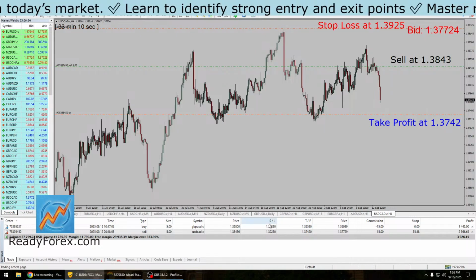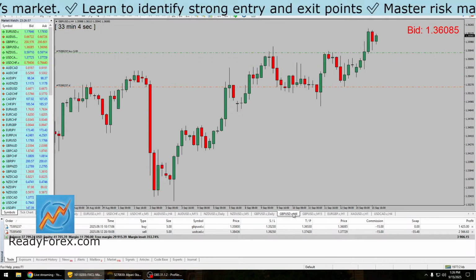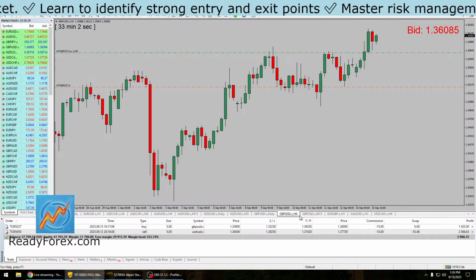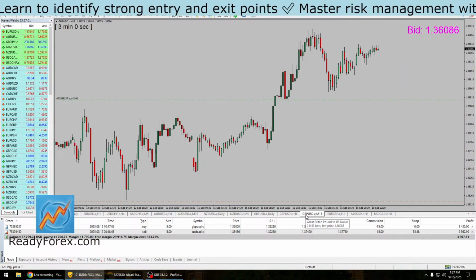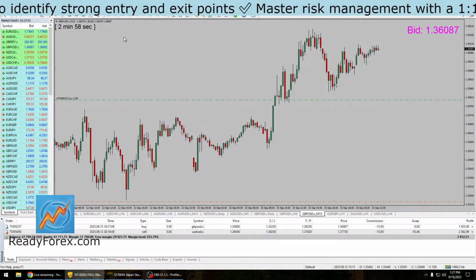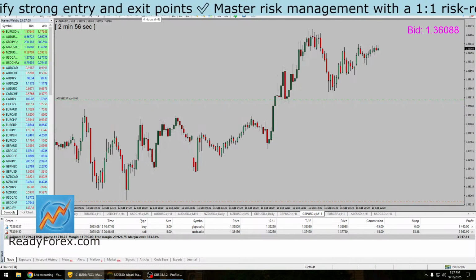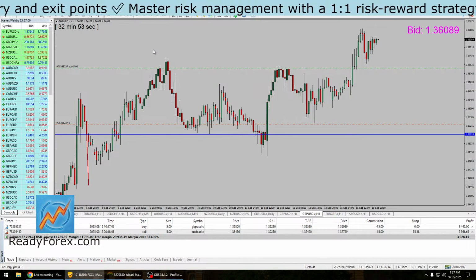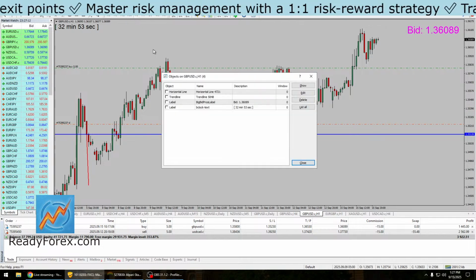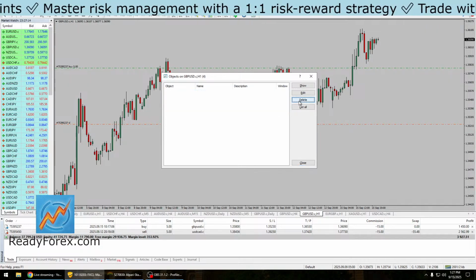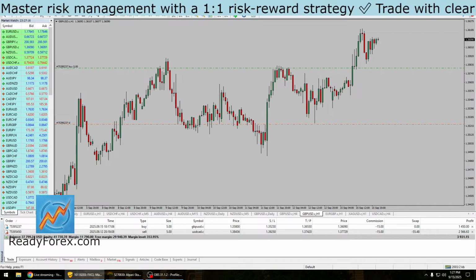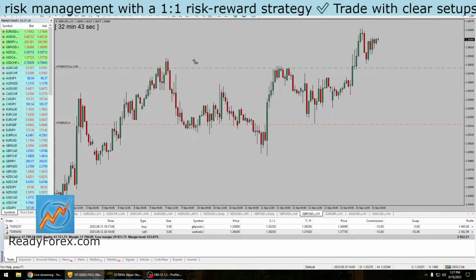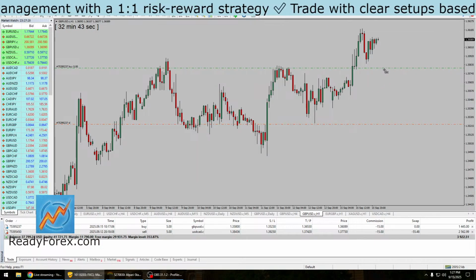Next, I've also taken a trade inside the GBPUSD currency pair. So if I show you the 1 hour time frame over here, here's my buy entry right over here.